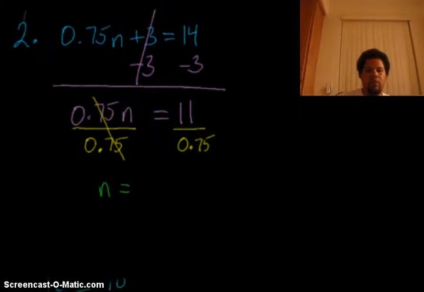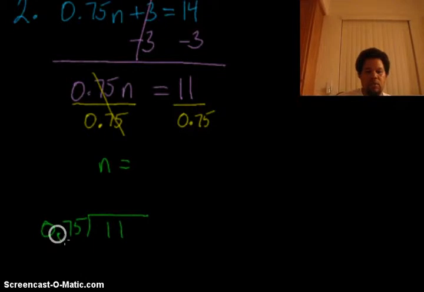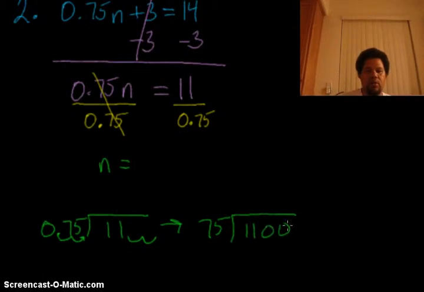So I'm going to divide this 11 by 0.75, so that's the 0.75 on the outside, 11 on the inside. I've got to move this decimal point 2 places to the right to make that 75, and however many times I move it here, I have to move it the same way on the inside, so it's really going to be 75 into 1100, and we're going to divide that out.